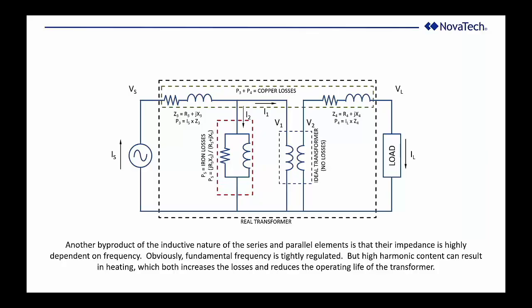So if you have a frequency that's 3 times the fundamental frequency, the reactivity is going to be much different. So obviously with high harmonic content, you increase losses and you also increase temperature. When you increase temperature on a transformer, you derate its service life.